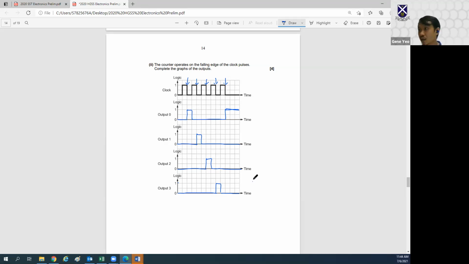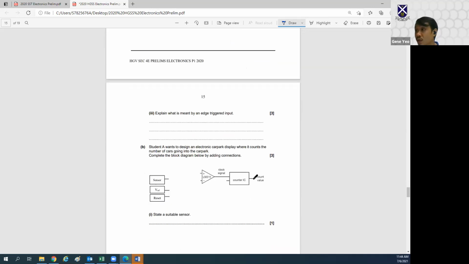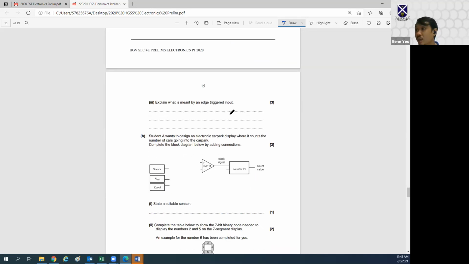Okay. All right. So let's move on to this part. Explain what is meant by edge triggered input. Okay. So what this means is that the output goes high either at the rising or the falling edge.